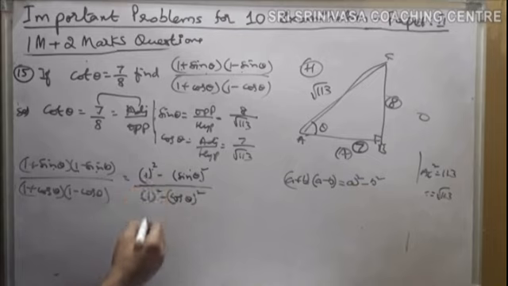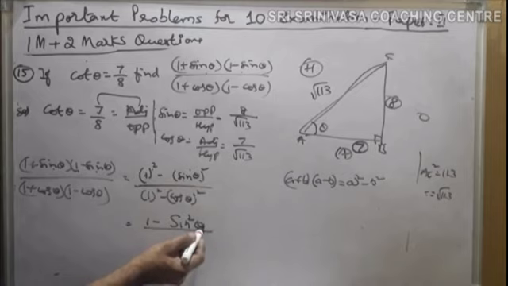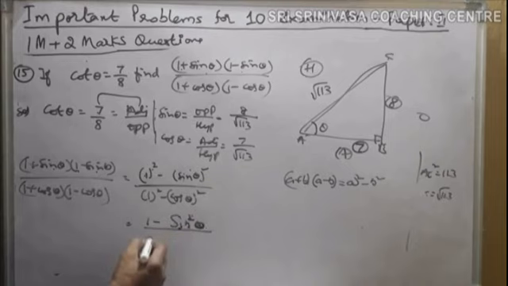So that gives you 1 minus sin square theta. So remember, I should not take square to the trigonometric angle. This is an angle, so don't take the square here. The square is counted only for the ratio. So sin square theta. So 1 minus cos square theta.